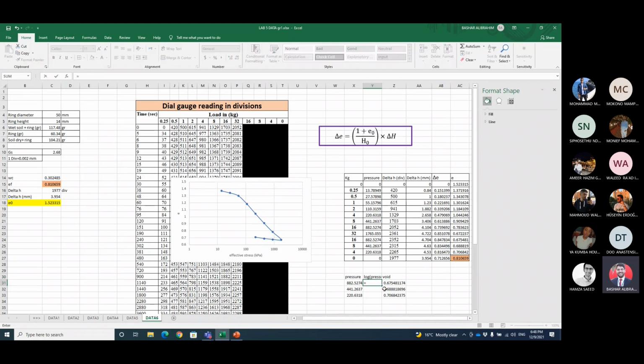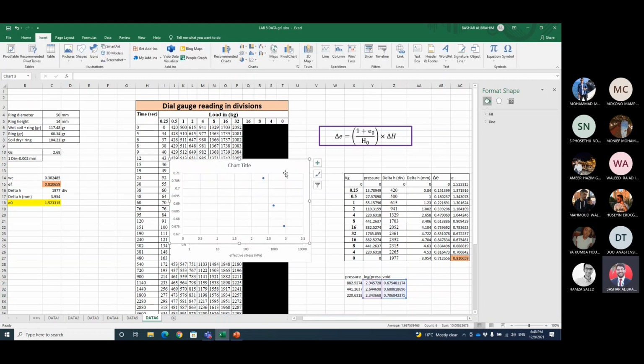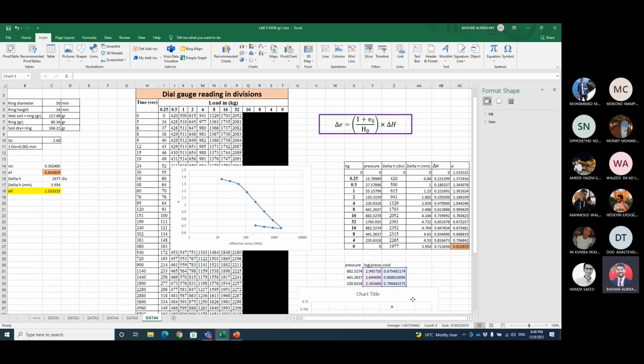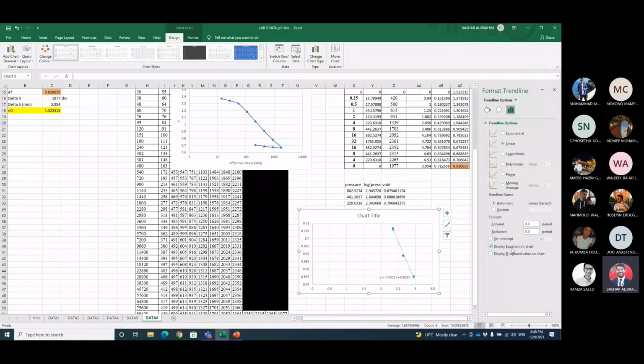So just type log and select the number. Now if I plot these data in a scatter plot like this, and I right click, add the trend line and display equation.